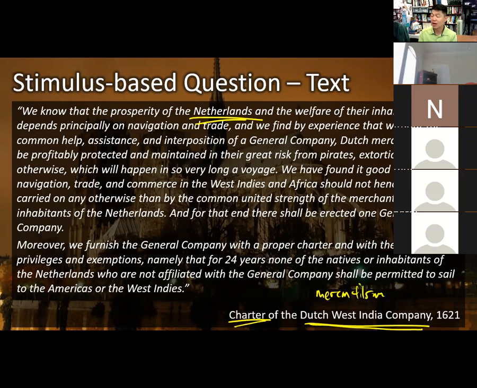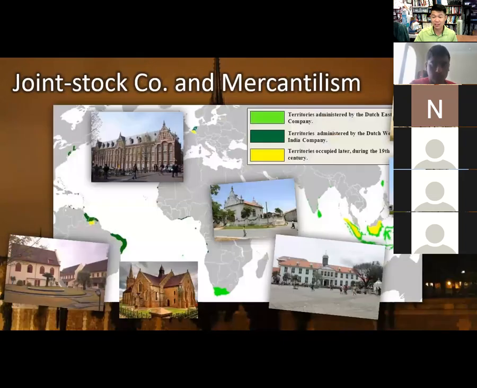Some of you brought up monopoly. If you know these, and you have a general idea of where the Dutch colonies were, you know it's in the Pacific, parts of the West Indies, parts of Africa as well, and that should help you figure out some of the responses and answers here.